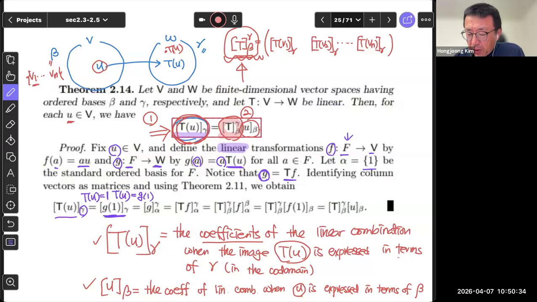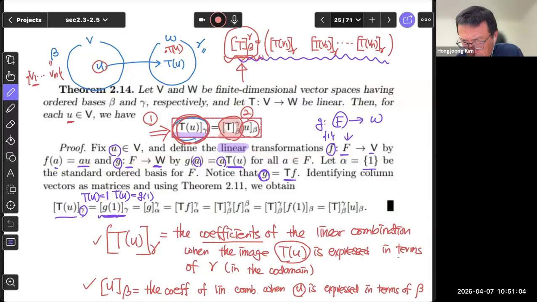If you remember this definition, given this G mapping, G is a mapping from F to W. And in the domain F, I'm using this standard basis of 1 for F. So G of 1 represents, okay, this one, what does that mean?